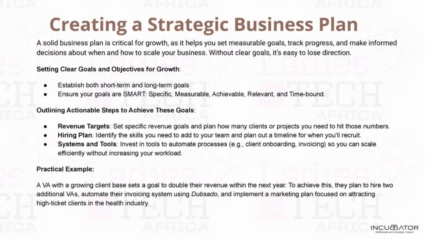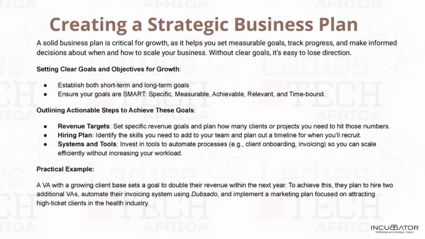So now, setting clear goals and objectives for growth. First, you establish both your short-term and your long-term goals. For example, your short-term goal can be: I want to increase my client base by 30% in 6 months.